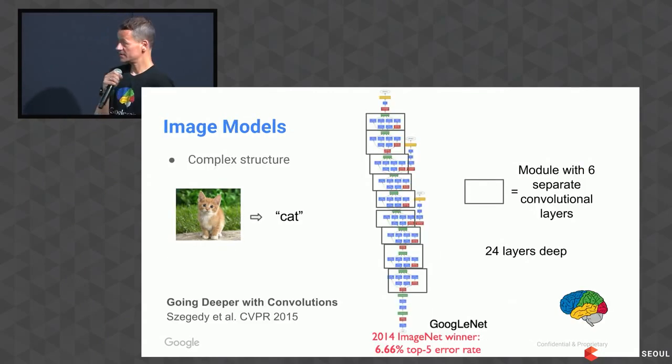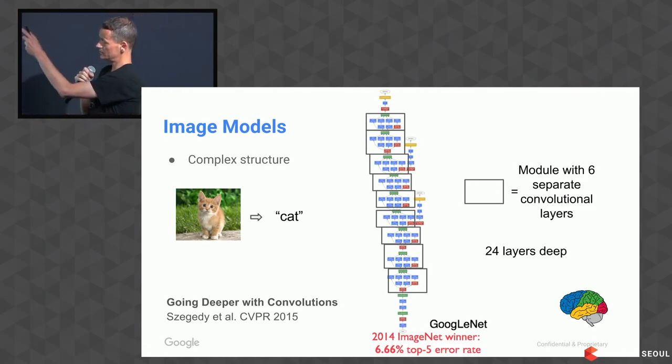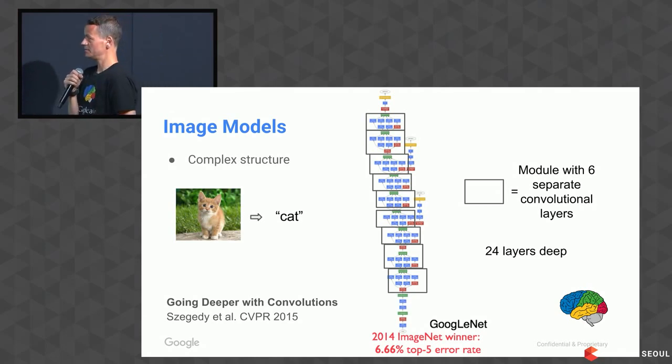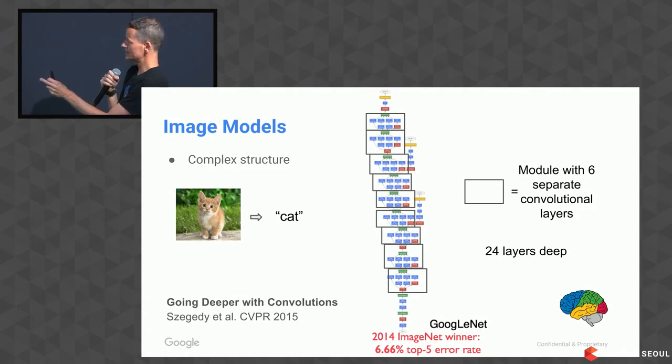So how complex are these models? Image models especially are very complex. Here in the middle, we have all the little boxes of nodes that you see. This is 24 layers deep in this example. Now it's actually more. And each of those boxes still contains 6 separate convolutional layers. So there are many, many parameters.